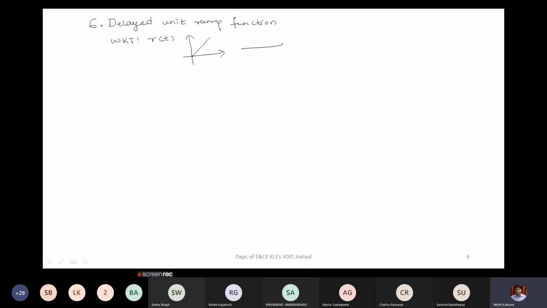Delayed means it is a ramp signal, but instead of starting at 0, it starts at some time value. If you assume that time value as a, the ramp will look like this.